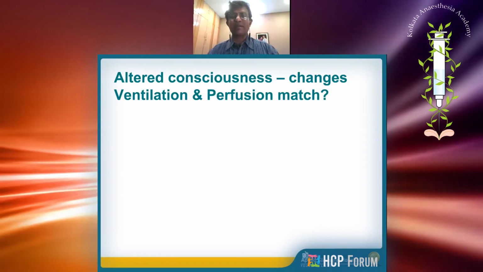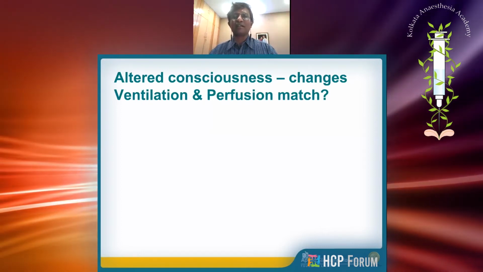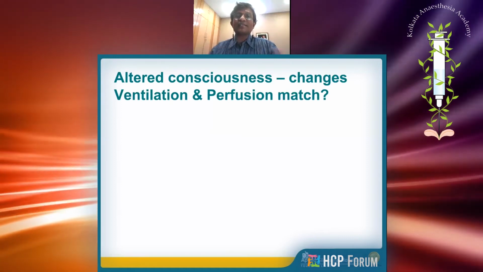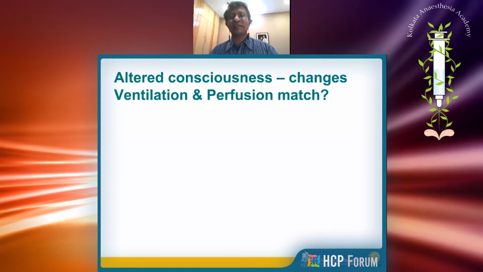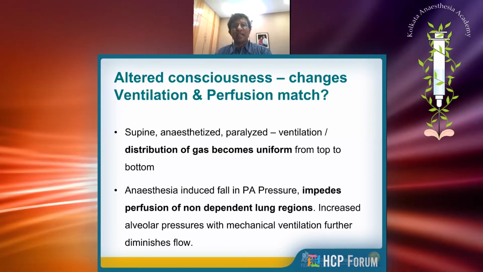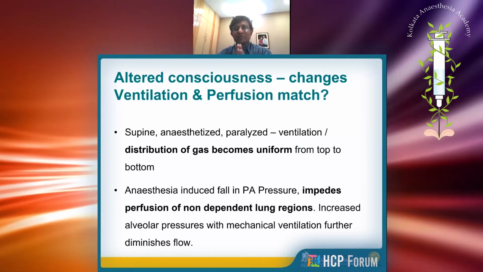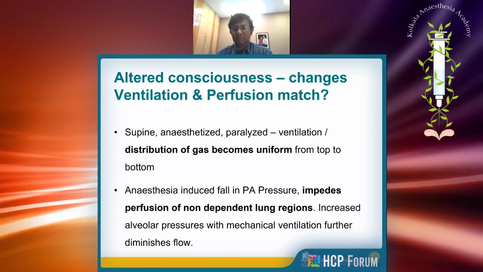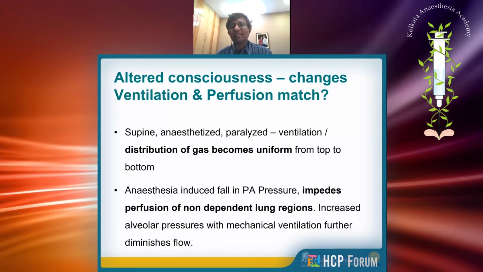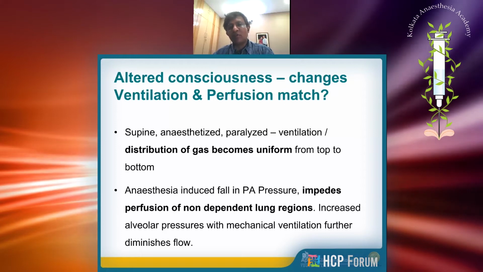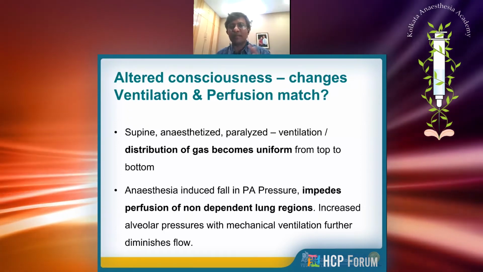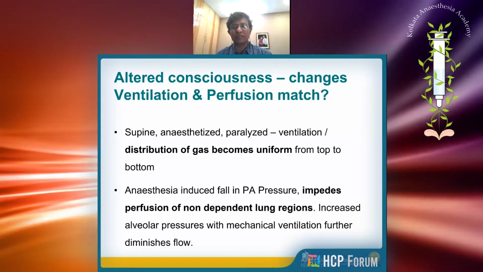Okay, dependent lung, non-dependent lung, changes in ventilation, changes in perfusion. Does this change with the introduction of anesthesia into it? Yes, it does. In the supine, anesthetized, and paralyzed person, the distribution of gas becomes more uniform from the top to bottom. It is not absolutely uniform, but tends to become a little more uniform.